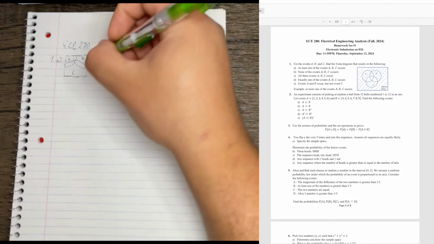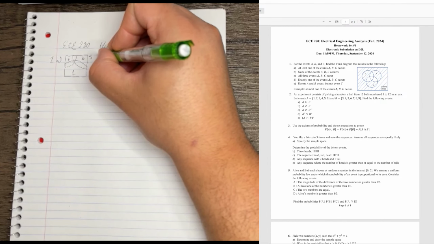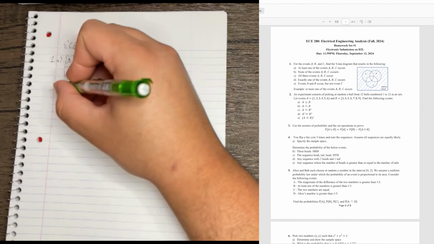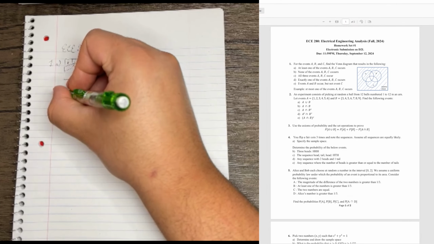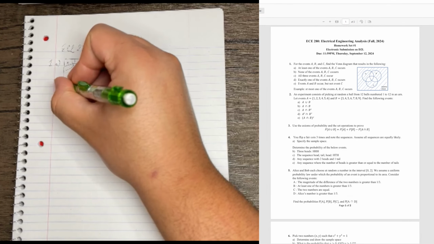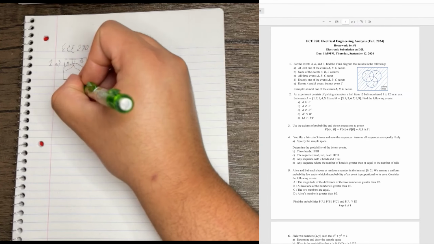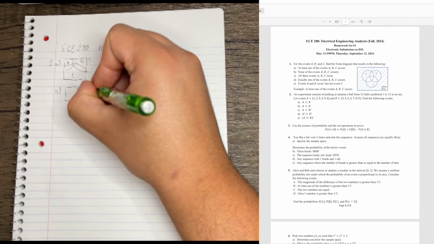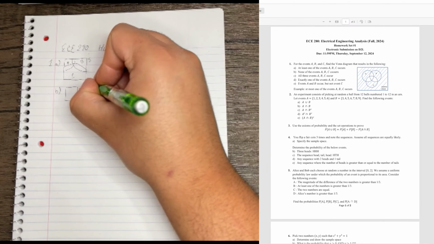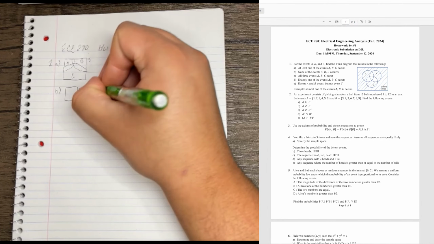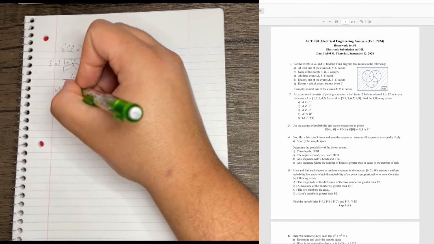I don't really know how else I could do that. Should I do it, or should I make it neater? I'll make it neater. So we'll start with S here. S, A, B, C. Sure, whatever.